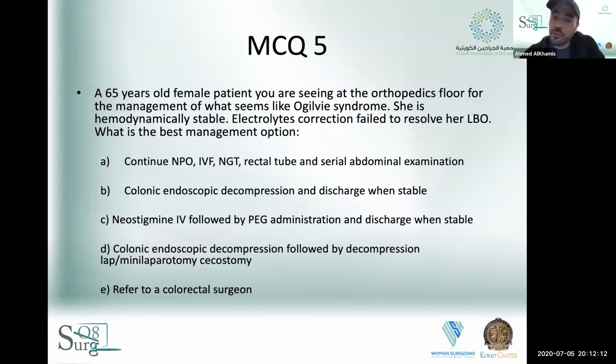Do you continue the same IV fluid, NPO, NGT, rectal tube, and serial abdominal exam, and give her extra days? Do you do colonic decompression and discharge when stable? Do you give neostigmine IV, and if the bowel opens up, you give PEG to clean the bowel and then discharge when stable? Do you do colonic decompression with an endoscopy and then a laparotomy to resect a specific segment? Or again, do you call me and ask for help?